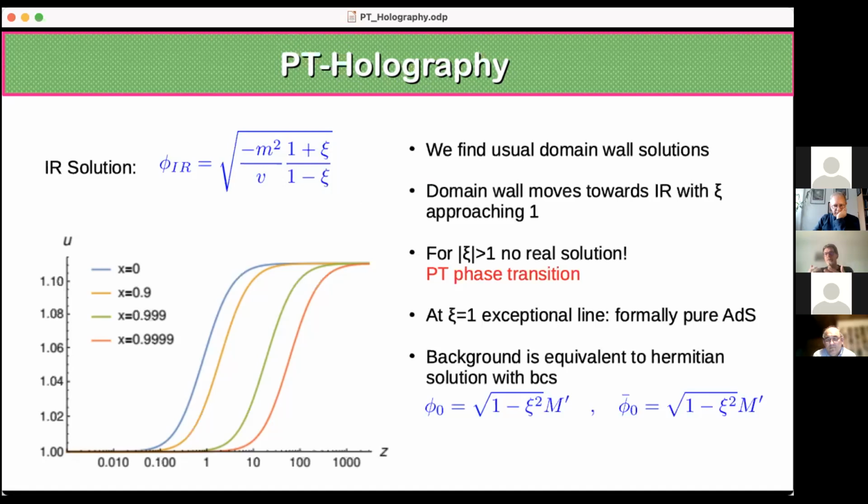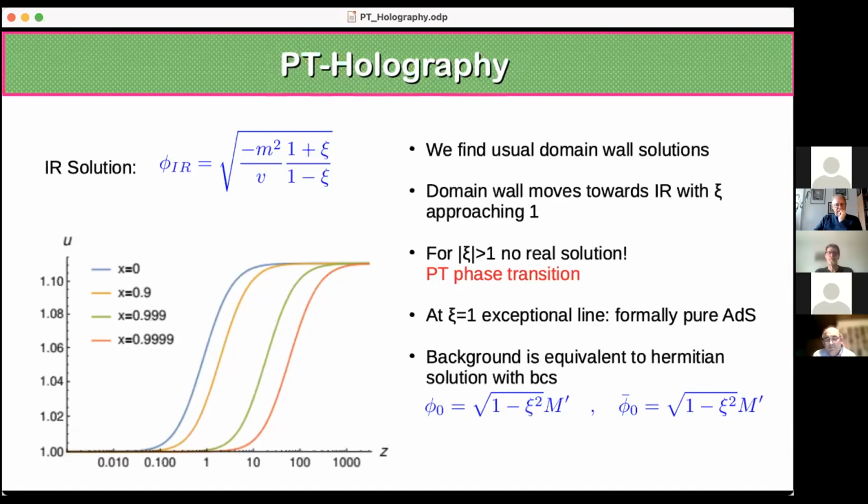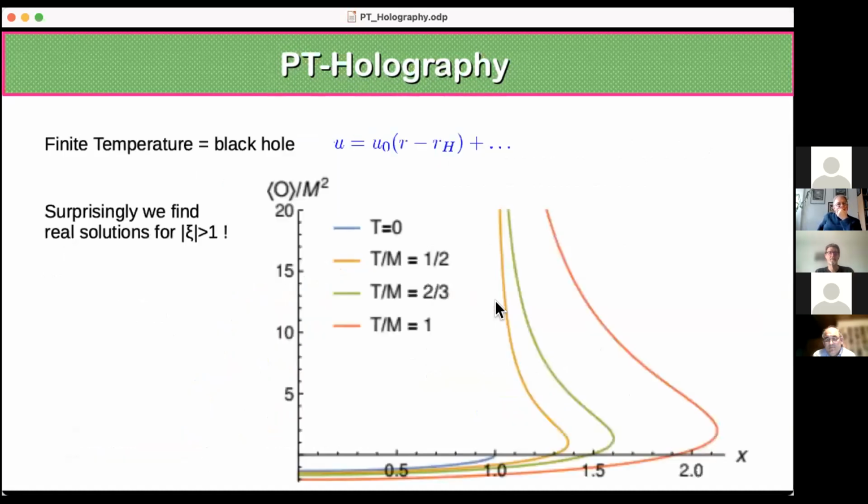If you go beyond this psi equals 1 and you solve the gravity equations, you can still do it, but you find two complex conjugate solutions for the metric. And we interpret this as the holographic analog of the PT phase transition. So if you go beyond this psi equals 1 boundary, you find complex metrics, two solutions which are complex conjugate to each other, just as you would expect from the simple theory.